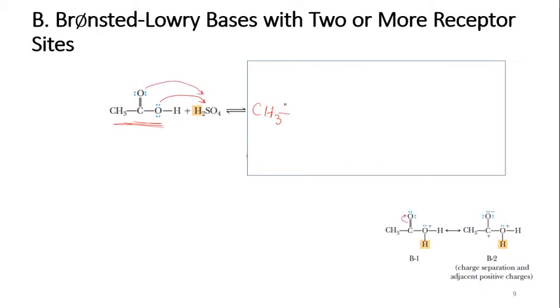So I will have 2 possible compounds. In one, the hydrogen moves to that side, and in that case, if I count the formal charge around my oxygen, it will be 5.